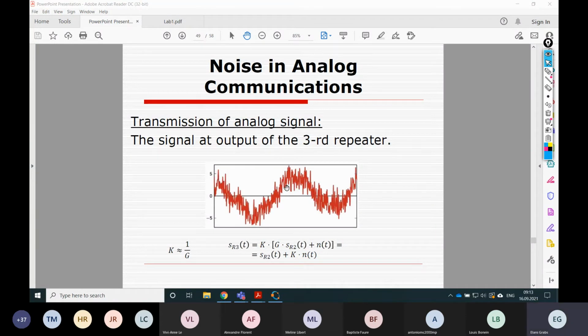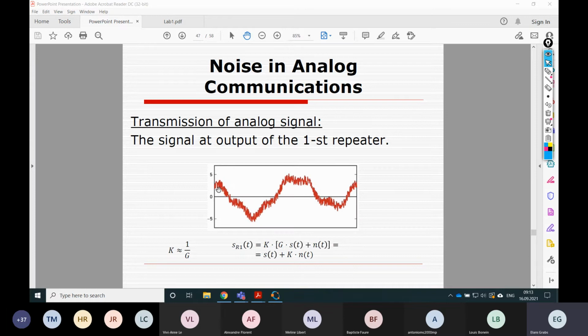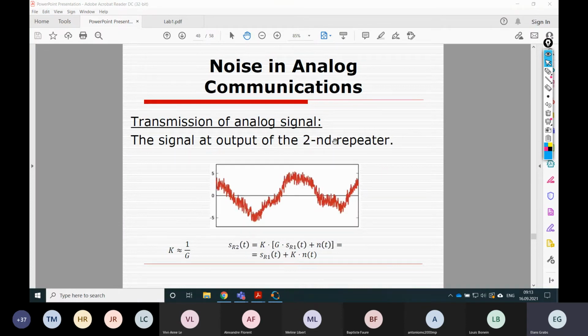This is for analog communications, analog voice communications, phone communication in this particular case, which clearly shows the problem that we cannot get rid of this noise. We could, of course, try to use filtering to reduce noise after each stage, but it will not remove it completely.